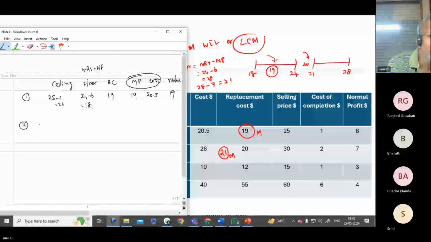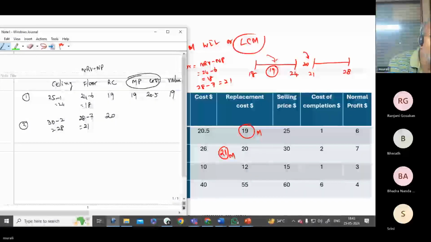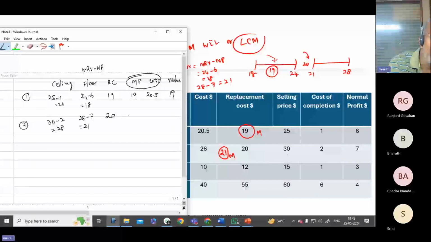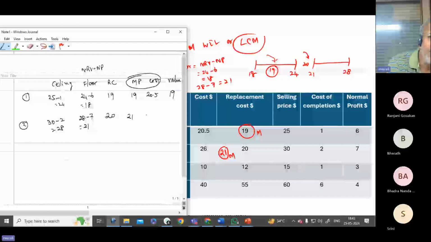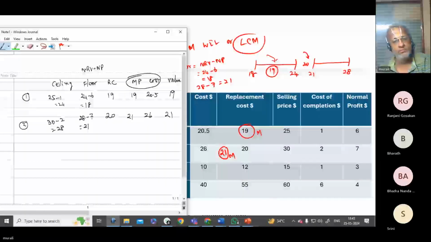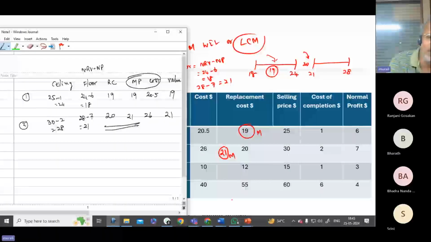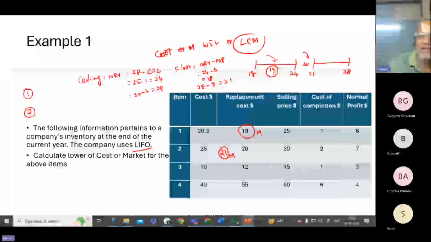Next one, ceiling is 30 minus 2, 28. 28 minus 7, 21. Replacement cost is 20, which is not in this range. Therefore, floor is what I have to take up, that being 21, and cost is 26. Between the two, whichever is lower, 21 is the answer. Correct? If you want to know why we have taken 21 instead of 20, I would like to roll back here.